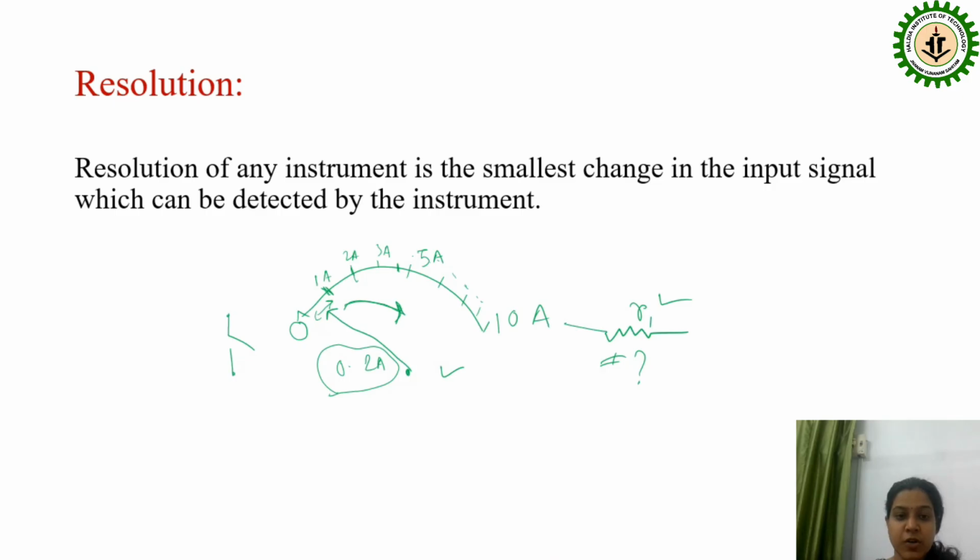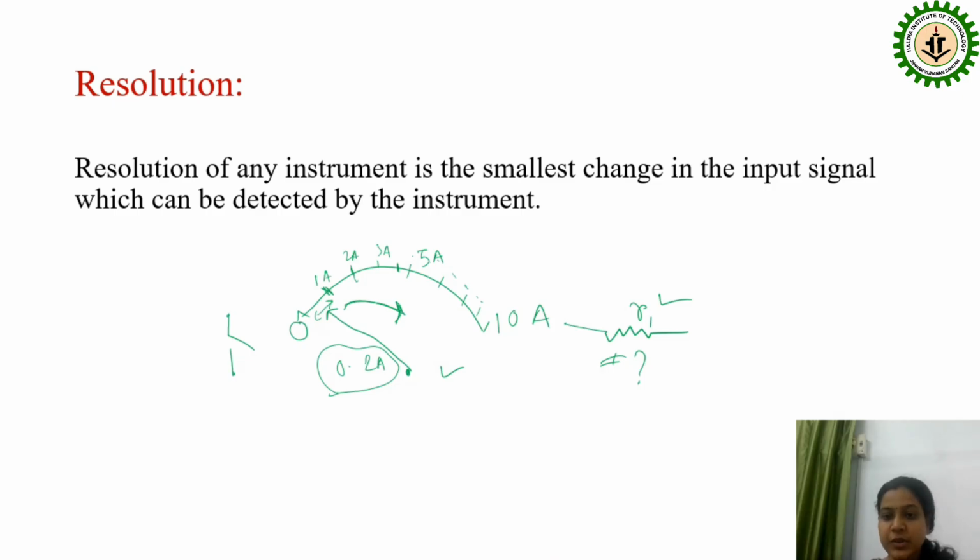So the resolution of the meter will be good for the measurement if we choose a proper instrument where the meter is calibrated properly, so that we can detect the smallest change to measure the unknown parameter.